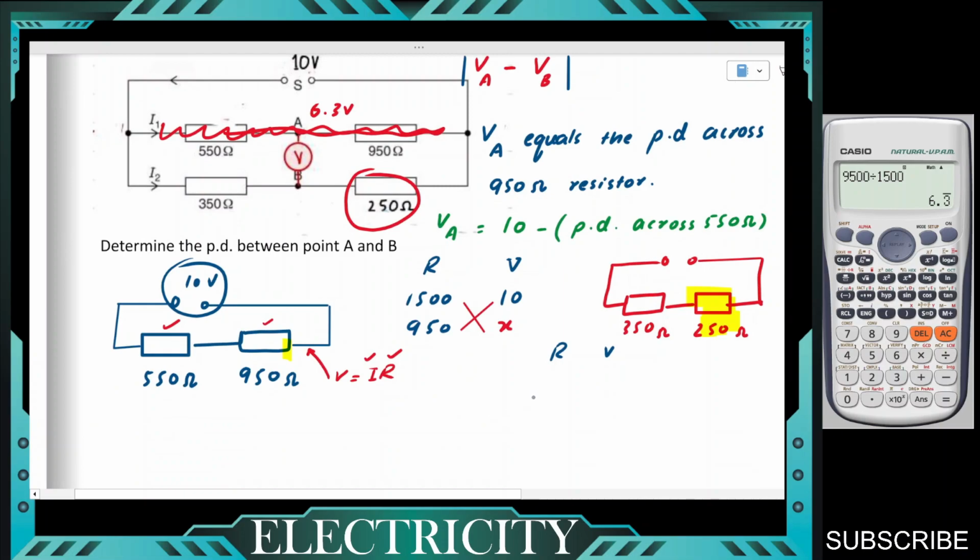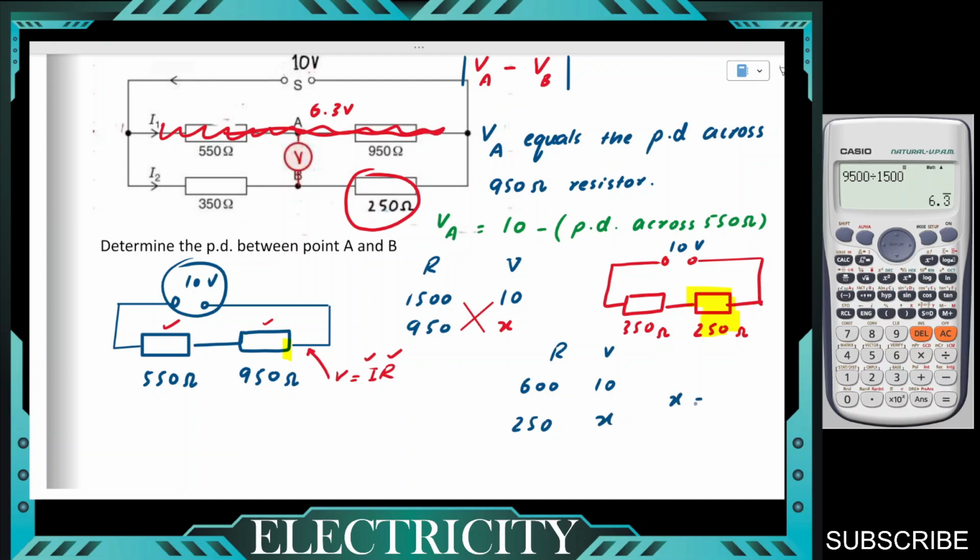And then you say the total voltage was 10, the EMF was 10, and when the total resistance was 600, the voltage across 600 was 10 volts, and the voltage across 250 would be X volts.